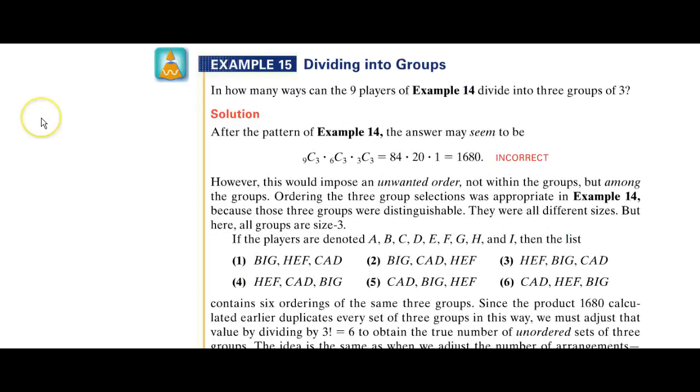And for this last example, we're taking what we had earlier of 9 players, but dividing them into groups of 3. So there are going to be 3 possibilities. Again, order's not critical. So it's 9 combinations of 3, 6 combinations of 3, 3 combinations of 3, and it would give you this.